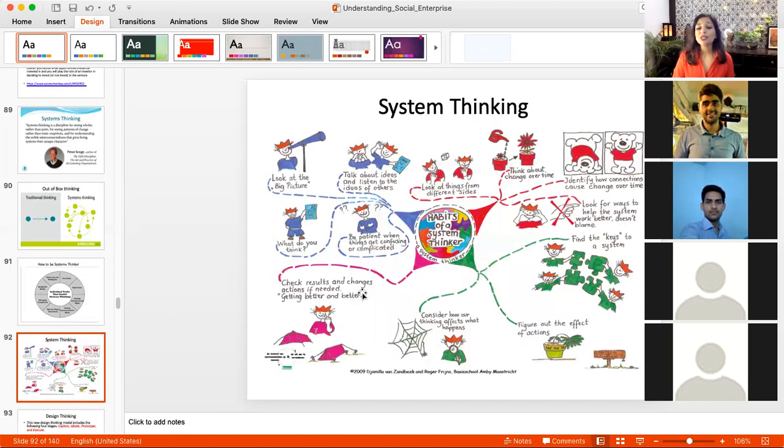And this is a diagram which has been taken from the systems thinking methods. That means if you are a systems thinker, what are the habits which we need to have as a systems thinker?